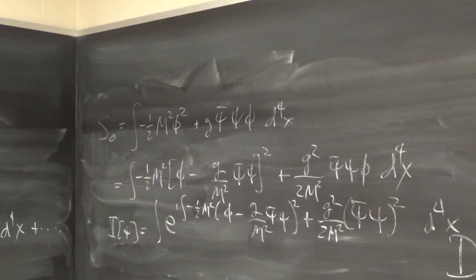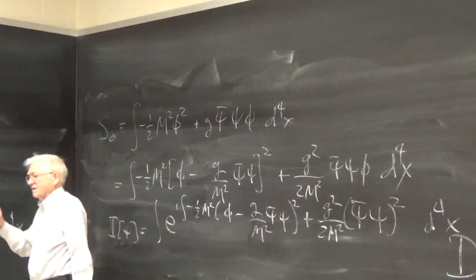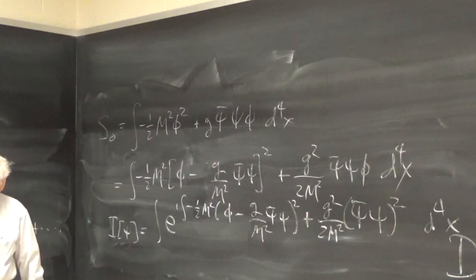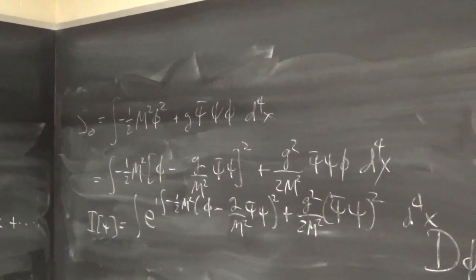And so the whole path integral requires us to integrate over the spin 1/2 field ψ and any other fields that might be in the theory. But I'm just focusing on the heavy field and the fields with which the heavy field interacts, and in this case, that's only φ.